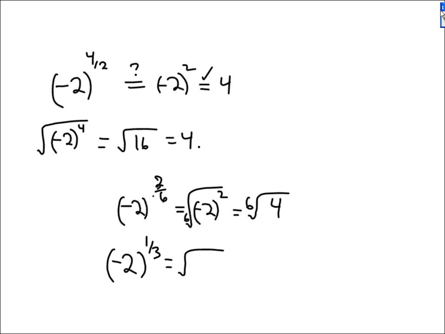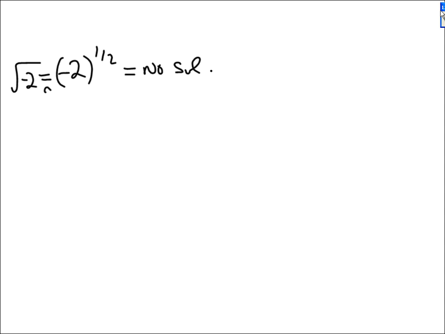Let's see if we can work backwards. Negative 2 to the 1/2. That is the square root of negative 2. This has no solution. Can't take the square root of a negative number. However, 1/2 is the same as 2 over 4.